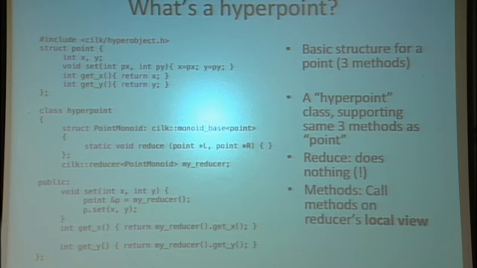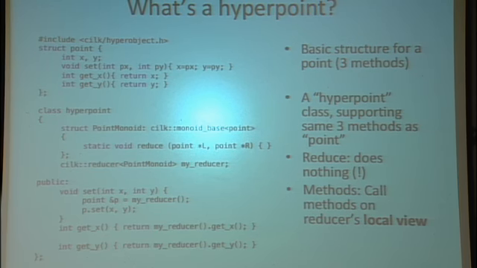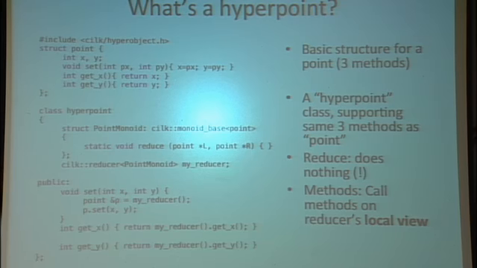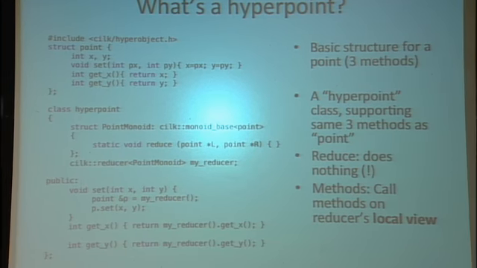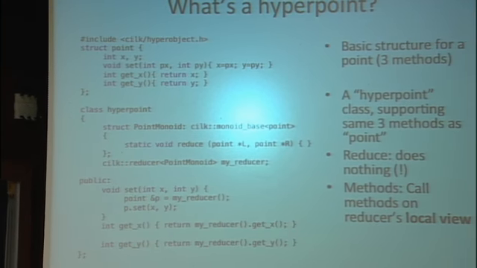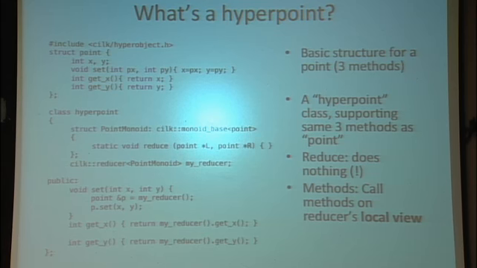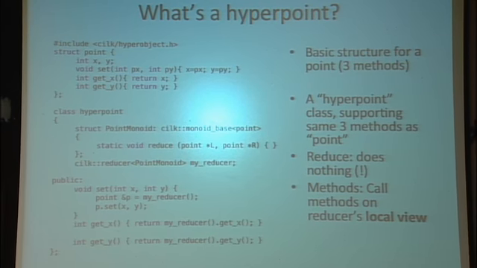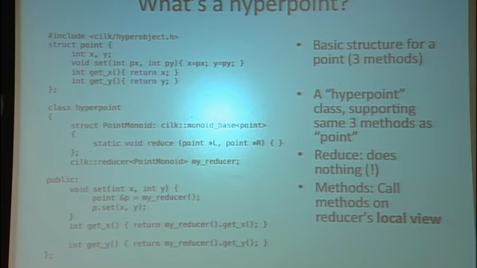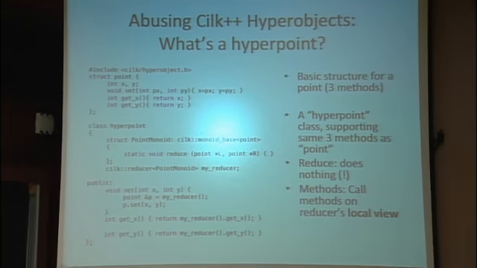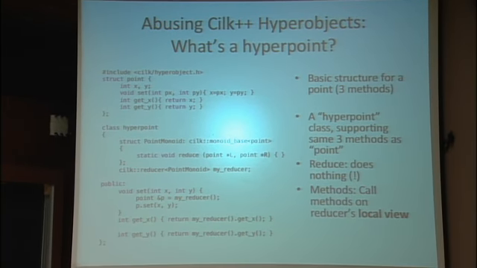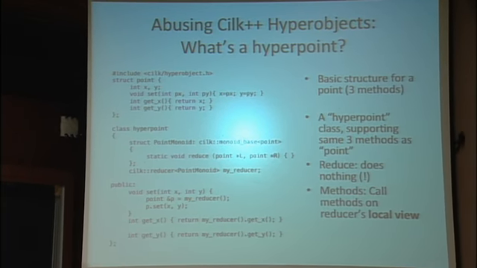And the public methods, the setters and getters, grab the point represented by the local view of the reducer that it contains, and call the method that you called on that point. So the question is, what does this hyperpoint object do? Anybody have any wild guesses at this point?